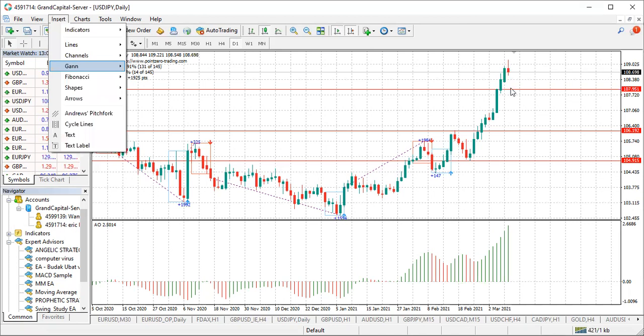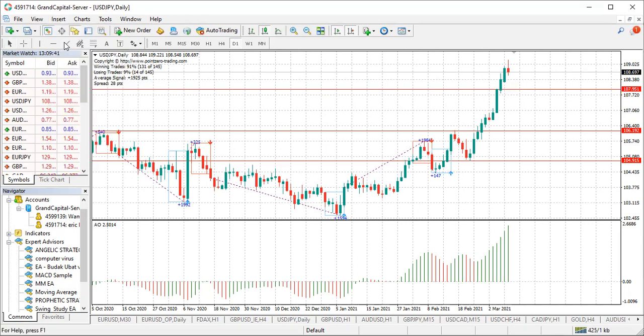Let me just do a shape. It will sell up to this zone. That's how it will sell up to this zone. Then again, the trend will continue up. Let me do another shape.